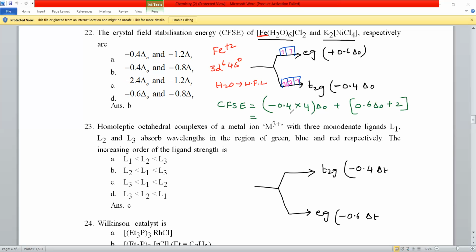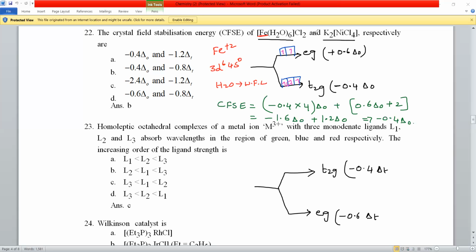On simplification we get minus 1.6 del naught, and here plus 1.2 del naught. So minus 0.4 del naught we got as the answer. This is the method to calculate the CFSE for octahedral complexes.